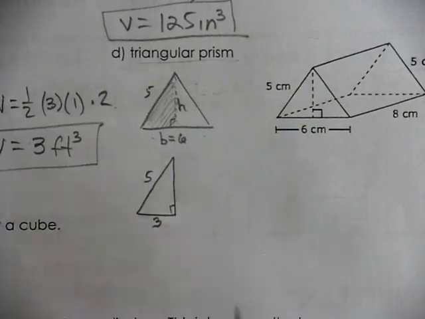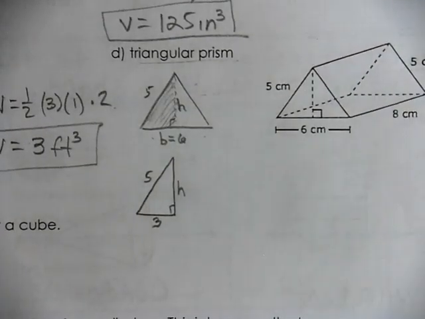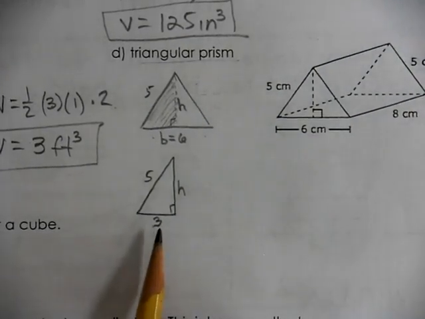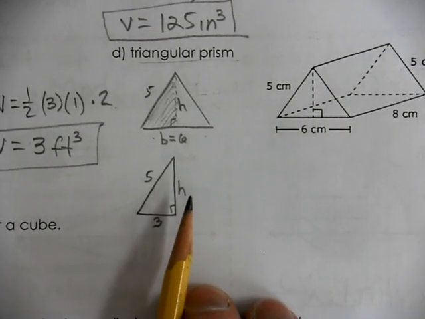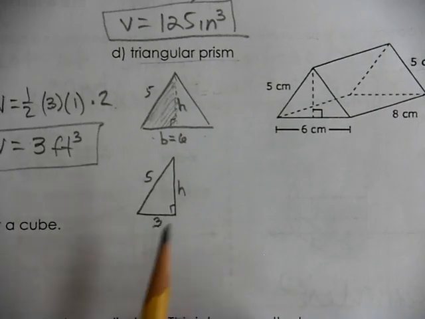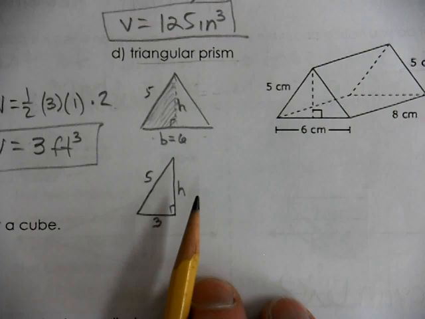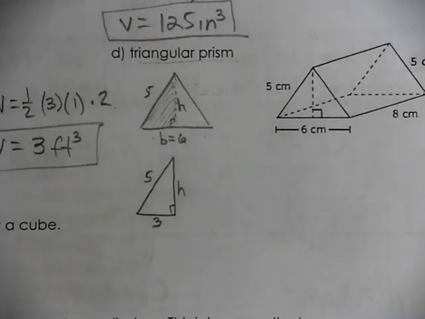What is our missing height going to be? Anyone know that pattern? If you have a right triangle and one side is 3 and the hypotenuse is 5, what's the other leg? It's guaranteed. It's called the Pythagorean triple. This is one you want to be familiar with so you don't have to do all the calculations.